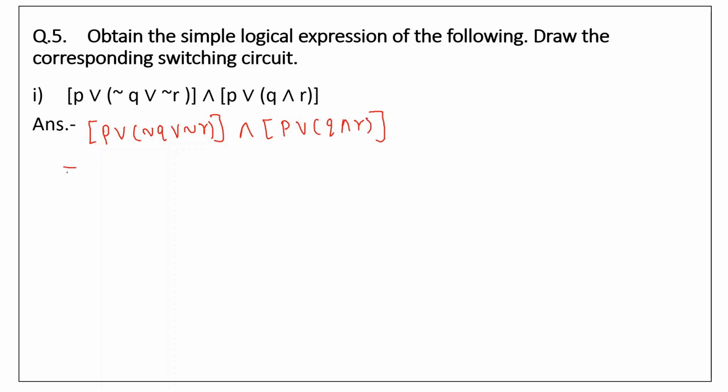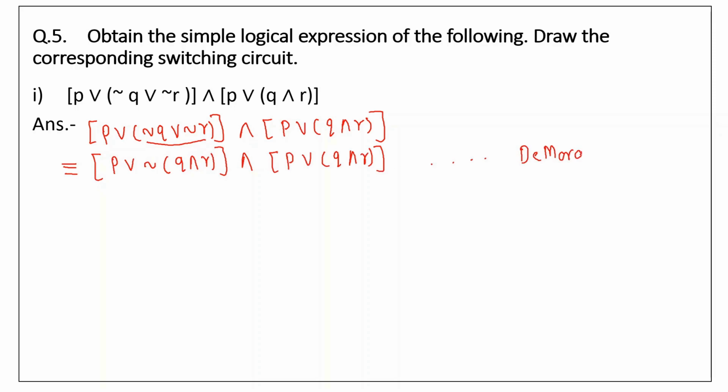Okay. So this is equivalent to. What do we apply first? First we apply De Morgan's law here. So this will be negation Q and R and P or Q and R as it is. So we use De Morgan's law.